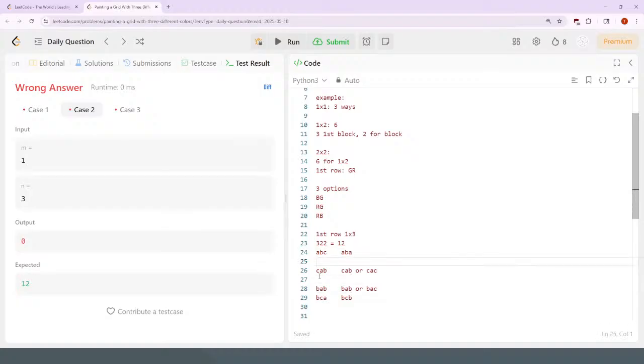So what is my guess here? My guess is that there's three ways.